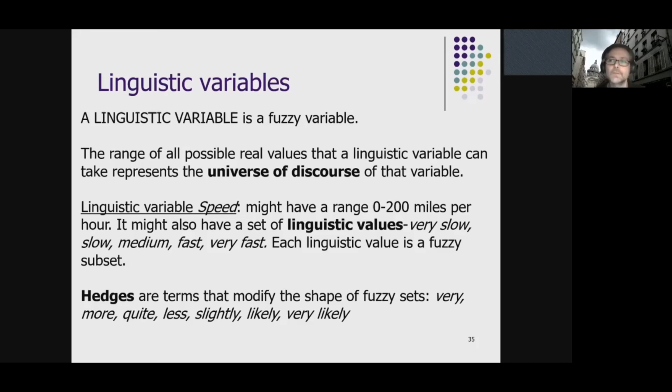On this universe of discourse, we define fuzzy sets about very slow speed, medium speed, fast speed, very fast speed. How many linguistic values? It depends on the resolution that we want to use, how precisely we want to cover this fuzzy variable.